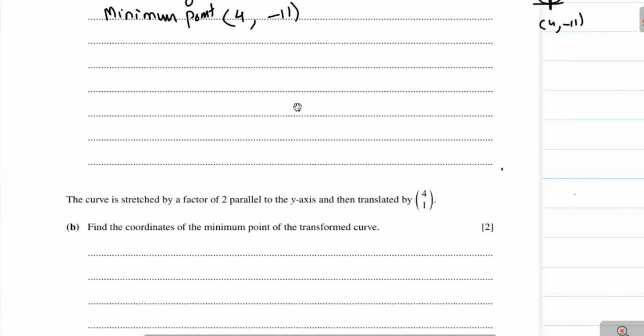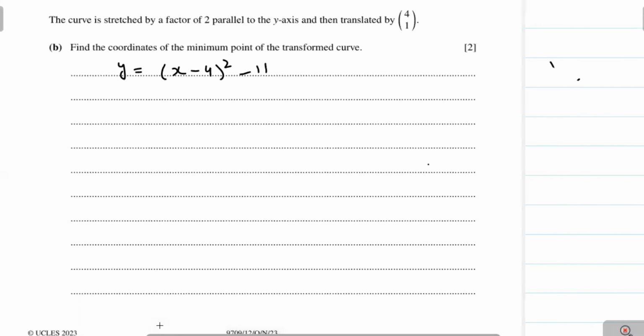Next is part B. The curve is stretched by a factor of 2 parallel to the y-axis and then translated by (4, 1). Find the coordinates of the minimum point of the transformed curve.